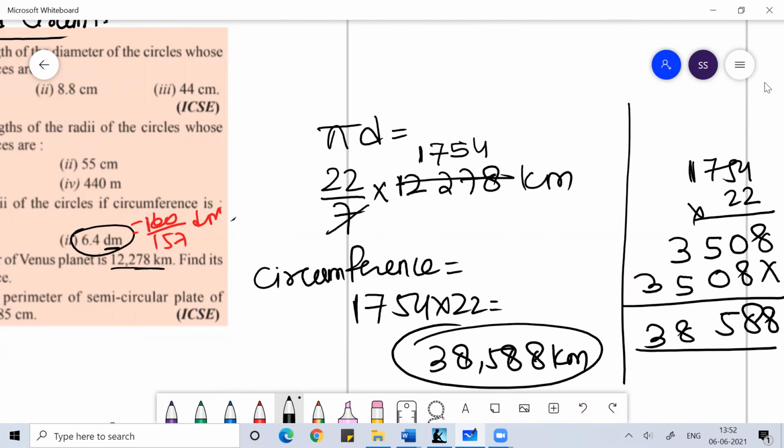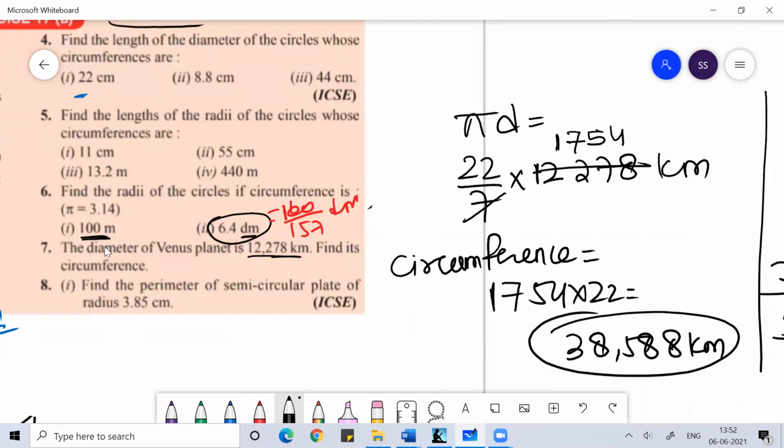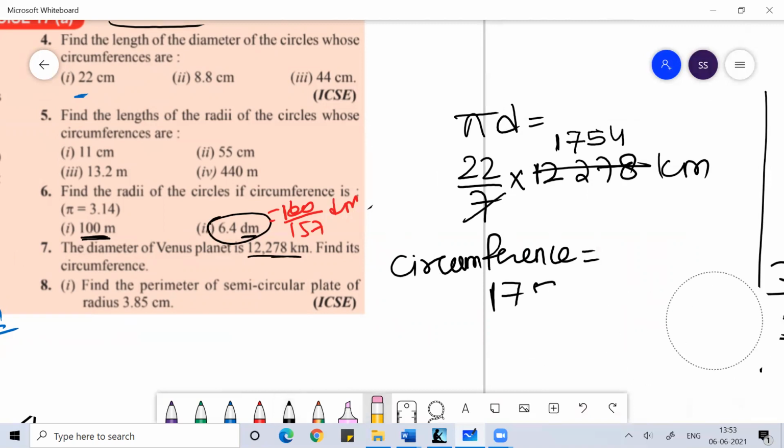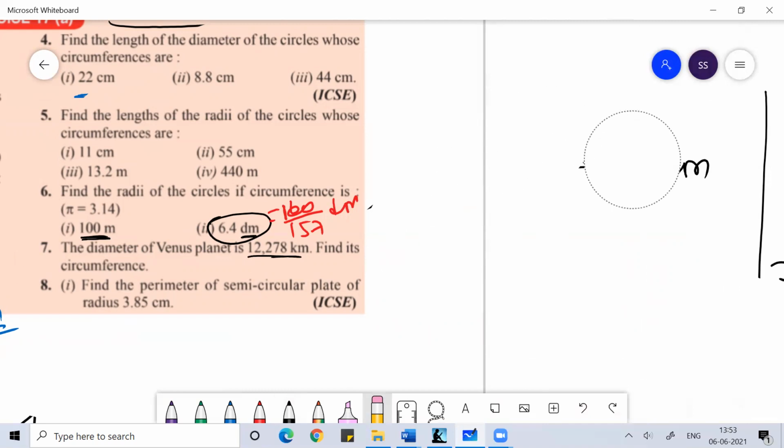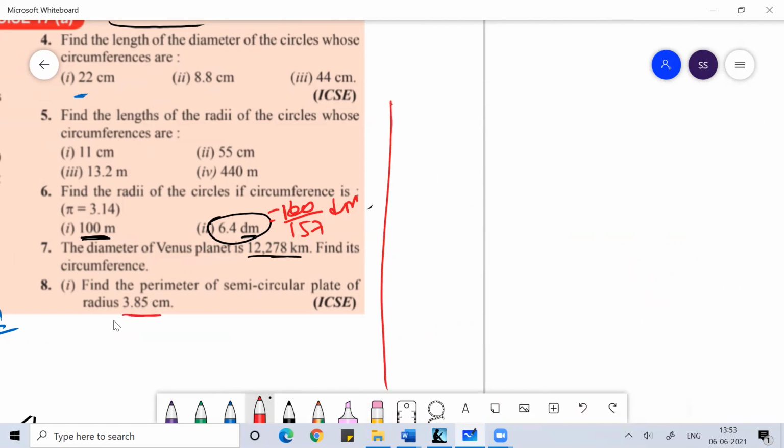So yeah, 38,580 kilometer. Perimeter of a semicircle.